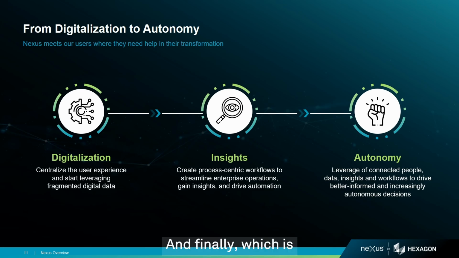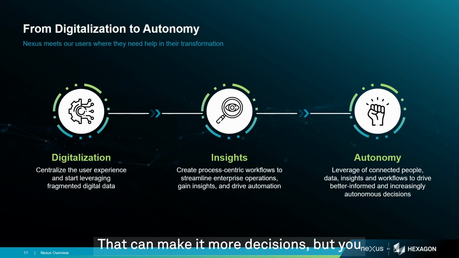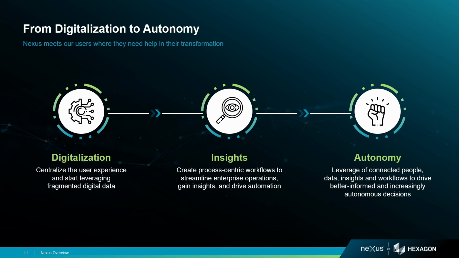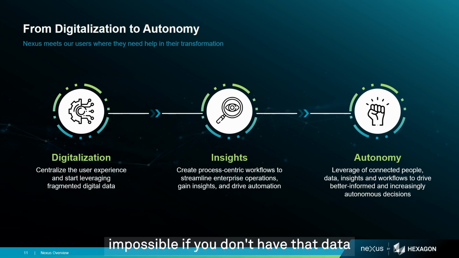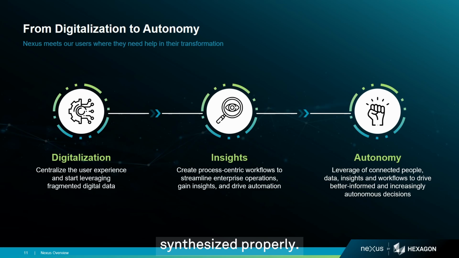And finally, which is really the vision of Hexagon and a number of manufacturers, is autonomy. How do you have this rich data set and use the insights to drive decisions for you, make some recommendations based on the history, based on the understanding of that data, which is otherwise impossible to do if you don't have that data synthesized in a proper manner.